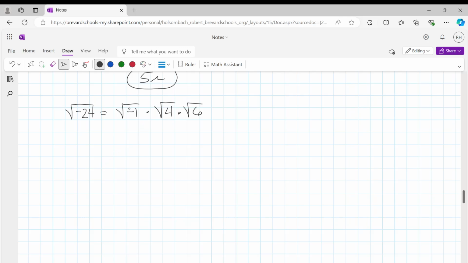So then we replace the square root of negative 1 with i, we replace the square root of 4 with 2, and the square root of 6 is in simplest form. So we finish this up as 2i radical 6. That is your simplest form using i.